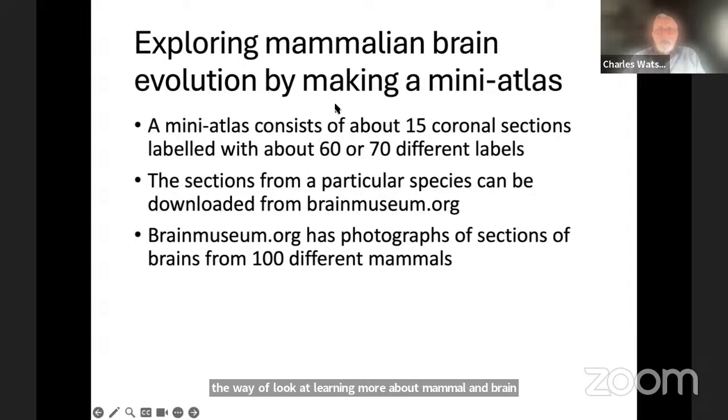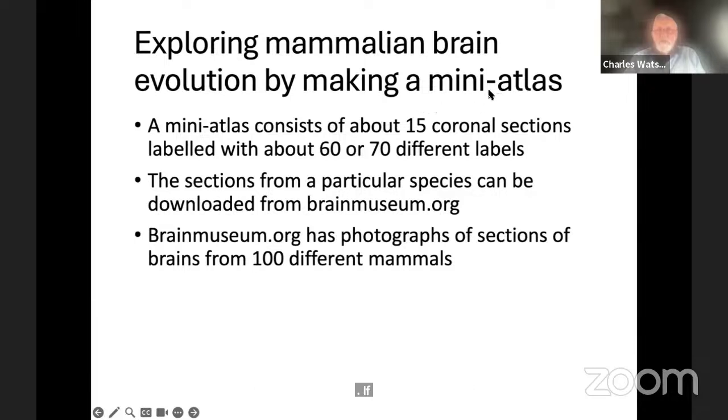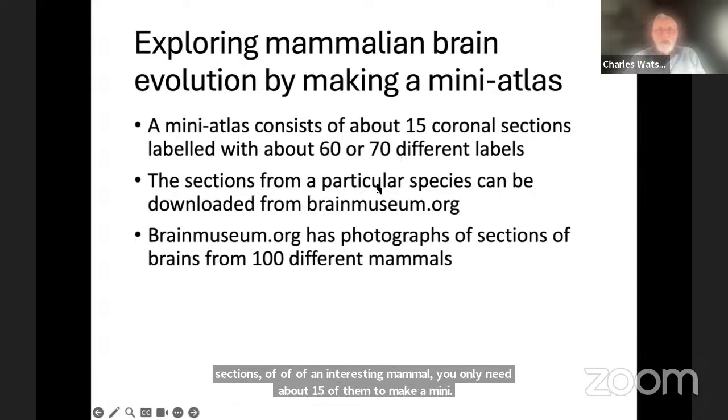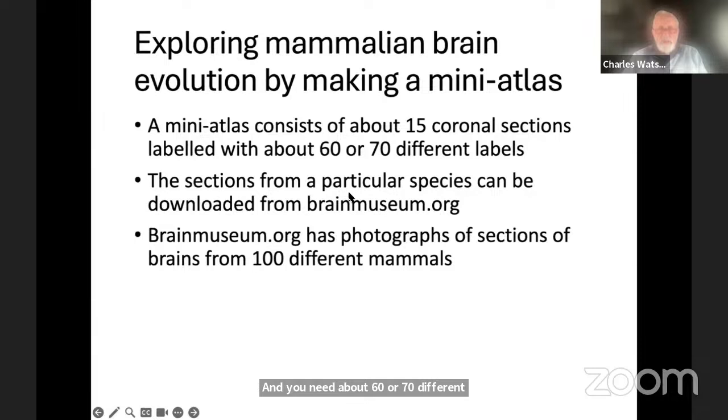And the reason is that if you can get a set of nice sections of an interesting mammal, you only need about 15 of them to make a mini atlas, and you need about 60 or 70 different labels. And the way that I've done this and other students have done this is to download them from the website called brainmuseum.org.